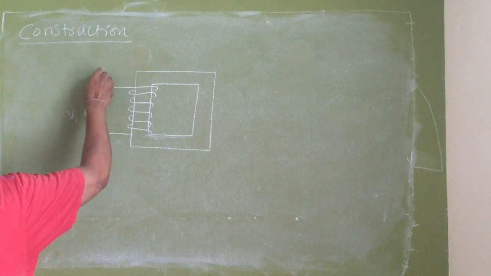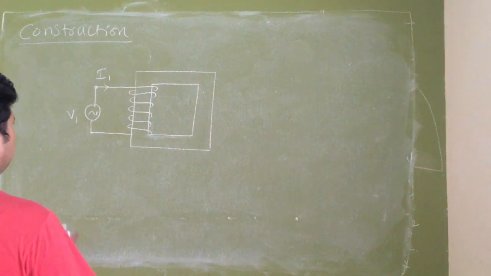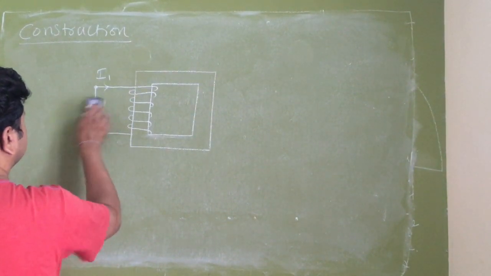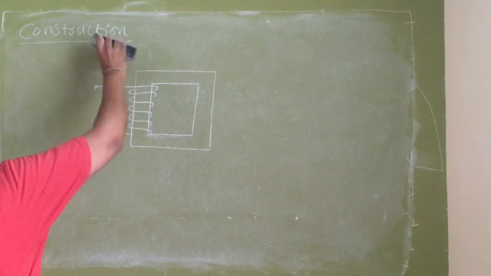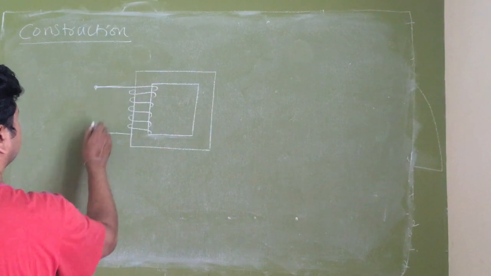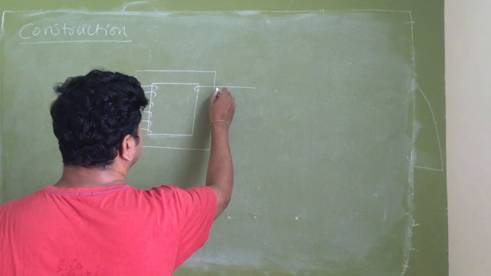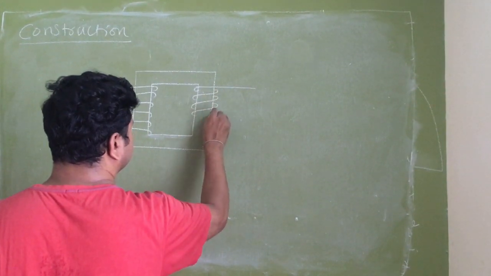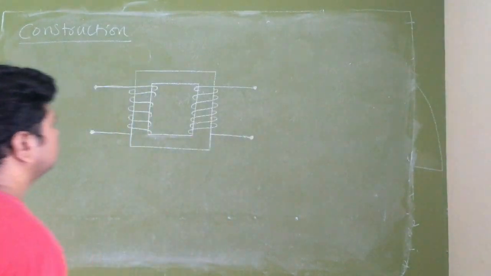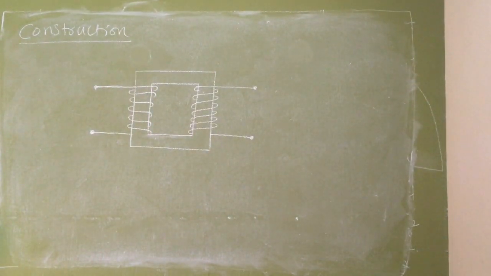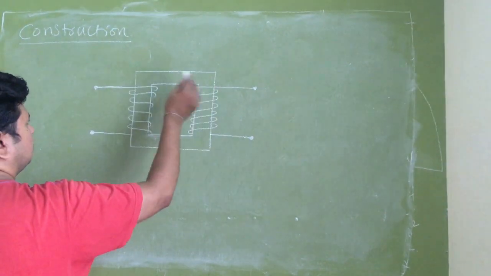V1, I1, or let us not take this, we will see in the principal voltage and currents. So this is the transformer construction. There are two windings and there is one core.